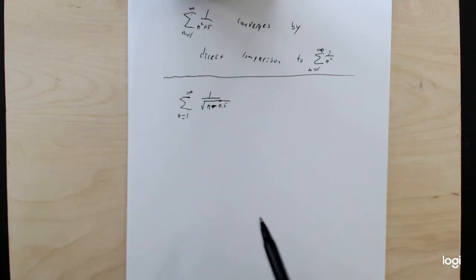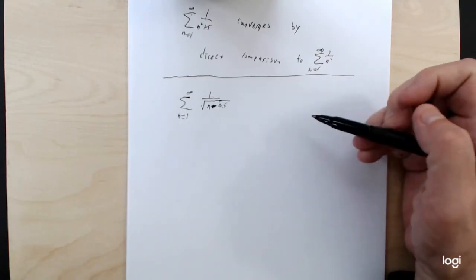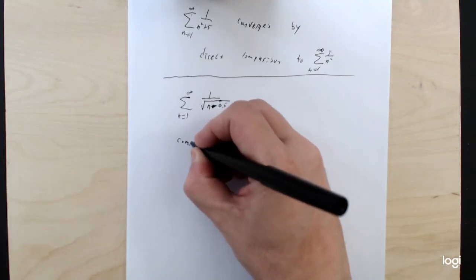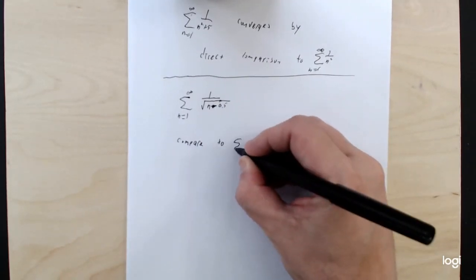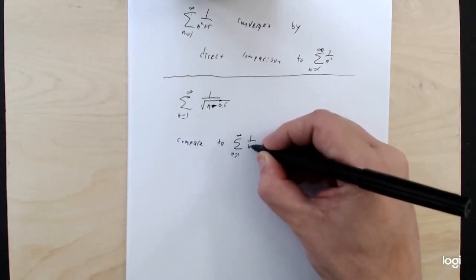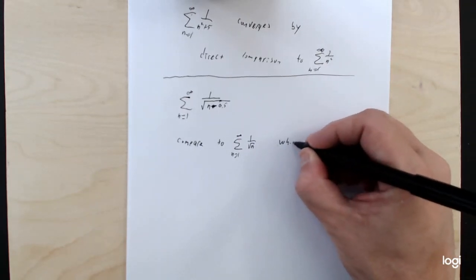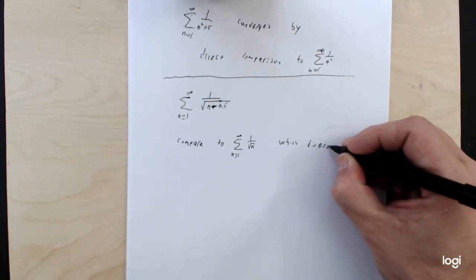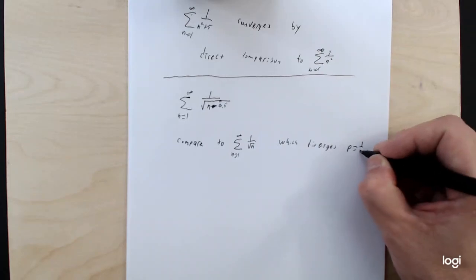Well, again, I look at the thing I want. If I got rid of that 0.5, I want to compare to the sum n equals 1 to infinity of 1 over root n. And we know that one diverges. Again, it's a p-series with p equal to 1/2.